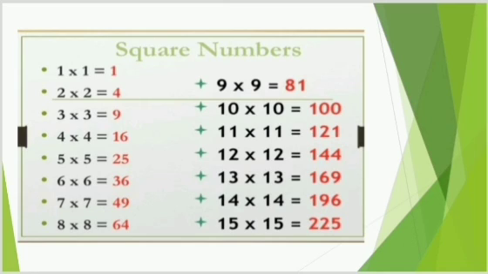So the question: how many square numbers are there between 1 to 100? See the slide children. Here the multiplication table is there. 1 into 1, 1 square. 2 into 2, 2 square equal to 4. 3 square 9, 4 square 16, 5 square 25, 6 square 36, 7 square 49, 8 square 64, 9 square 81, 10 square 100.